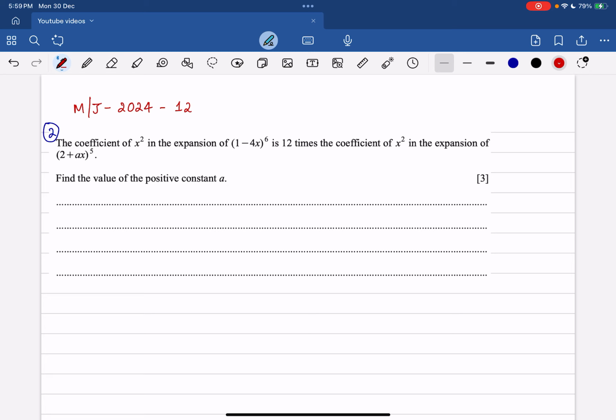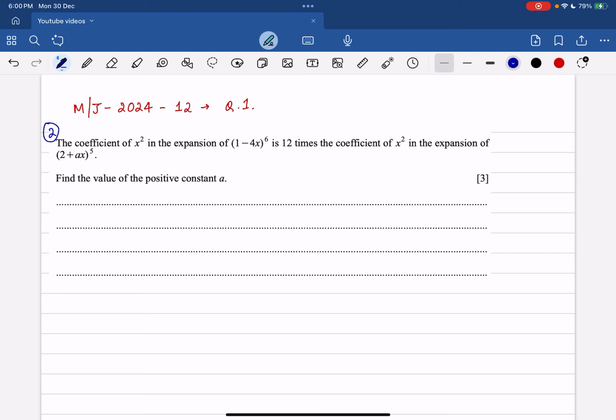I think it is from 1 2. Let me check. It is from 1 2. Coefficient of x square. Yes, that's right. And this is question 1 from the same paper. Perfect. Let's look at this.